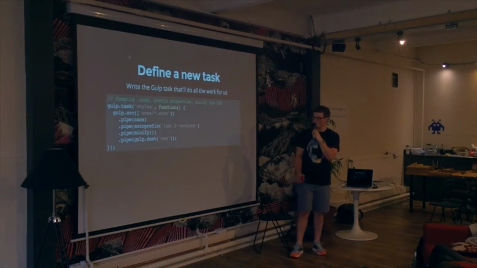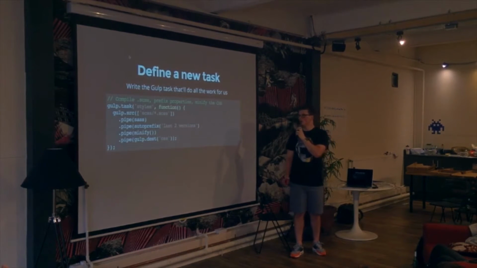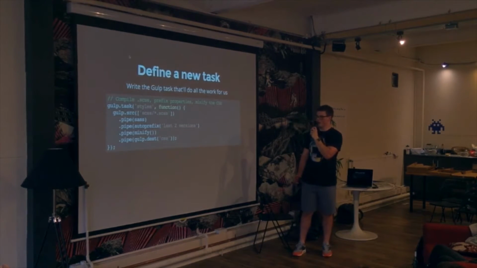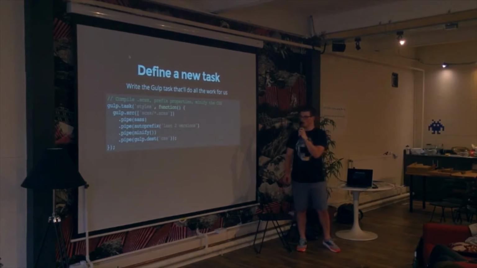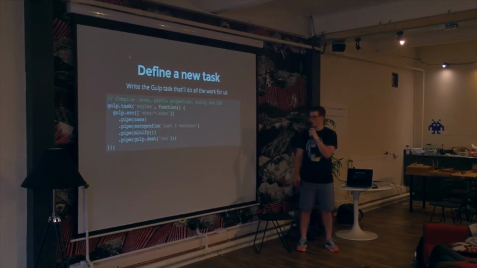So the task itself takes another parameter, an array it can be, of files. What we're doing there is I've specified one object in the array for a directory, scss/**.scss.